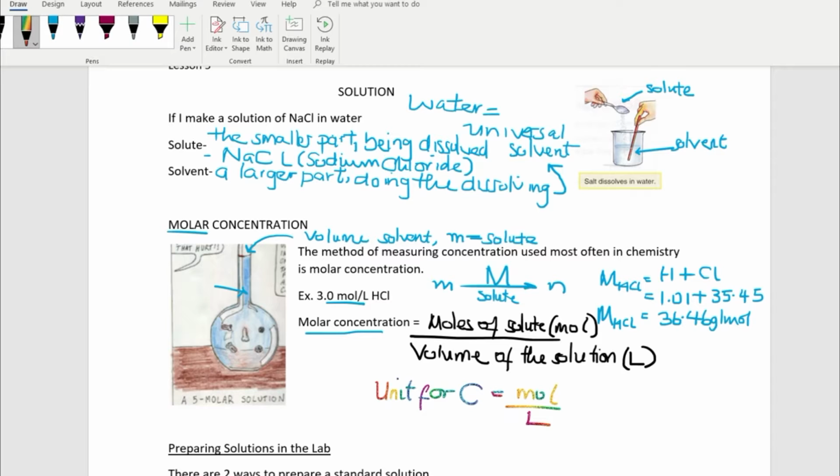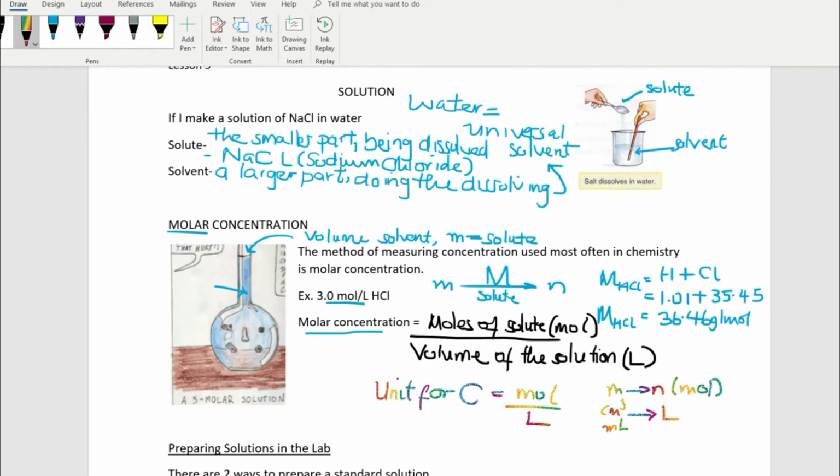So if you want to get the concentration of any solution and you're given the mass, you have to transform the mass to moles, and if you're given the volume in either centimeter cubed or milliliters, you have to convert it to liters. By that way we can get our units in terms of mole per liter for the concentration.